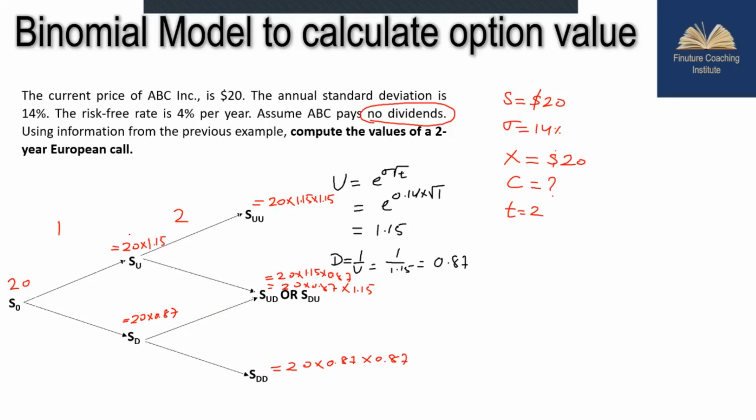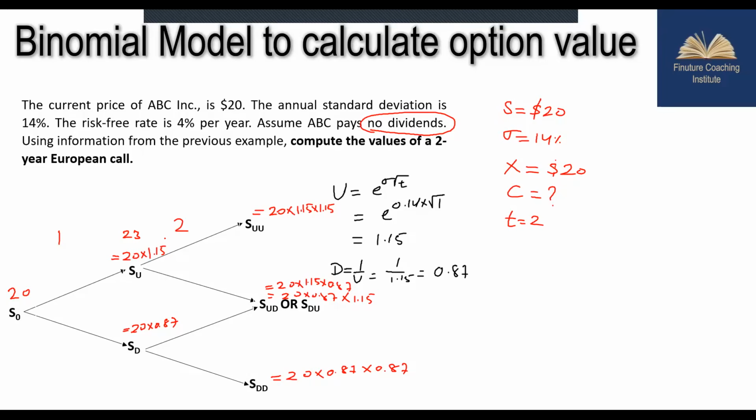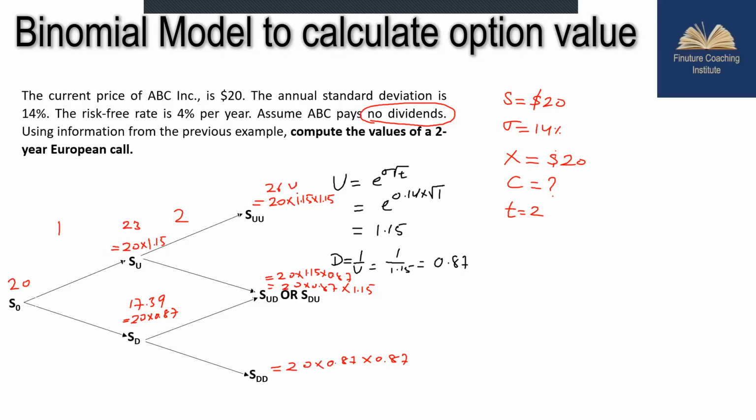So how much are these coming? So you're 20 into 1.15, it would be approximately 23, and over here it would be 17.39, and it's approximately 26.46.